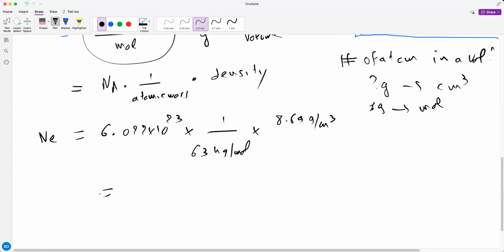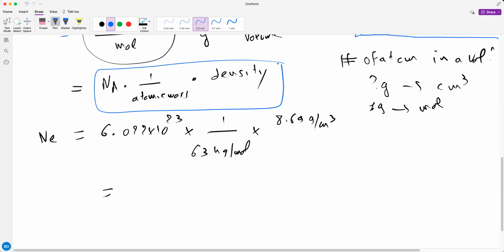Do you have a question? Please remember this, or at least understand this, because this is something that comes very often in quizzes and in exams. If you want to calculate the number of electrons or atoms in cubic meters or cubic centimeters.